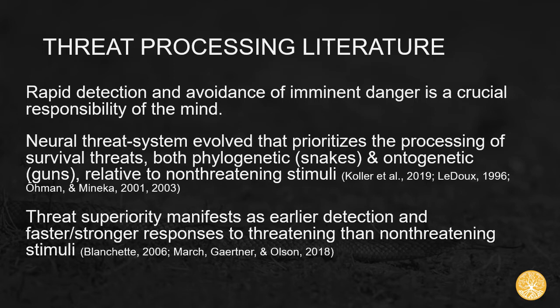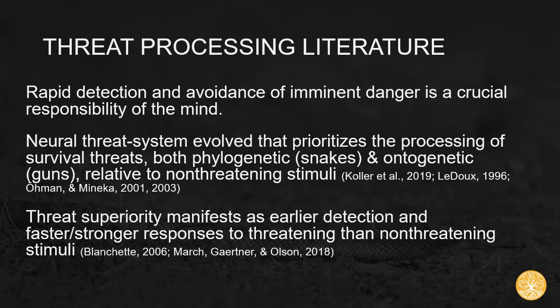And humans have extensively inherited this neural architecture that preferentially processes and responds to these immediate survival threats, right? So that's threat superiority. And it manifests as earlier and faster detection of, and stronger responses to, threatening than non-threatening stimuli.